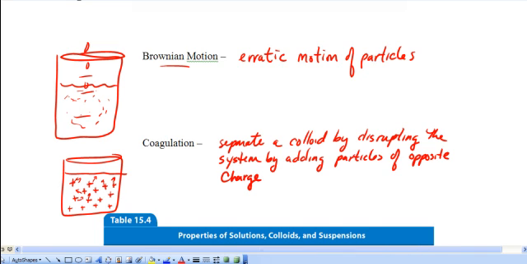Because if in this case you introduce, say, negative particles, well, this negative particle is going to attract this one and this one and this one and any of the other ones in the immediate area, and so it's going to start clumping the colloid particles, and those will eventually settle to the bottom.